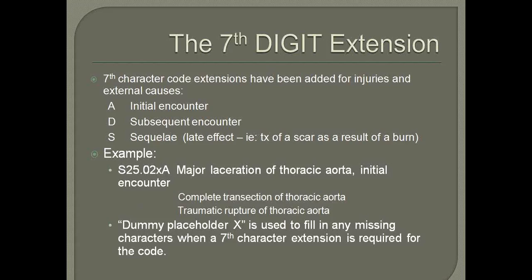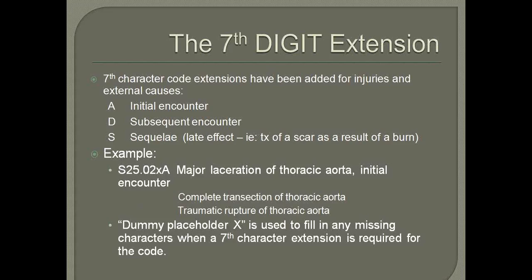Let's talk about that 7th digit extension a little bit. The 7th character code extensions have primarily been added for injuries and what they call external causes. The 3 main 7th character codes that we're going to see, unless we are an orthopedic clinic, okay, are A, D, and S. A stands for the initial encounter, D stands for the subsequent encounter, and S stands for sequelae, which is a late effect.